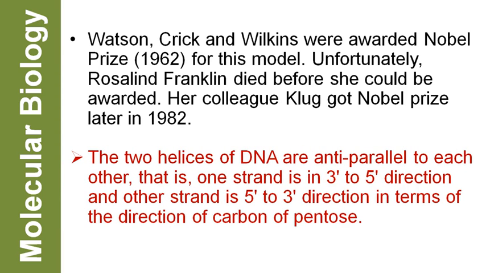According to this model, the two helices of DNA are anti-parallel to each other. That is, one strand is in 3' to 5' direction and the other is in 5' to 3' direction. This direction is decided on the direction of carbon atom in the pentose sugar molecule.